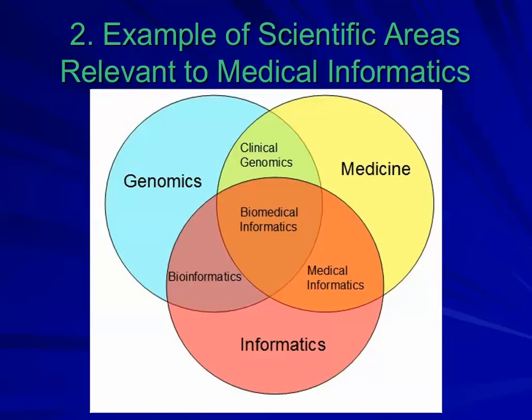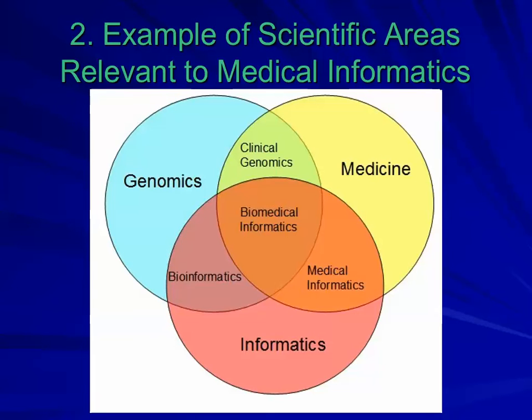Okay, if we go back to related scientific areas, which interact every time with medical and health informatics, we can form it from different medical specialties, from different medical subfields, as well as subfields of information science.